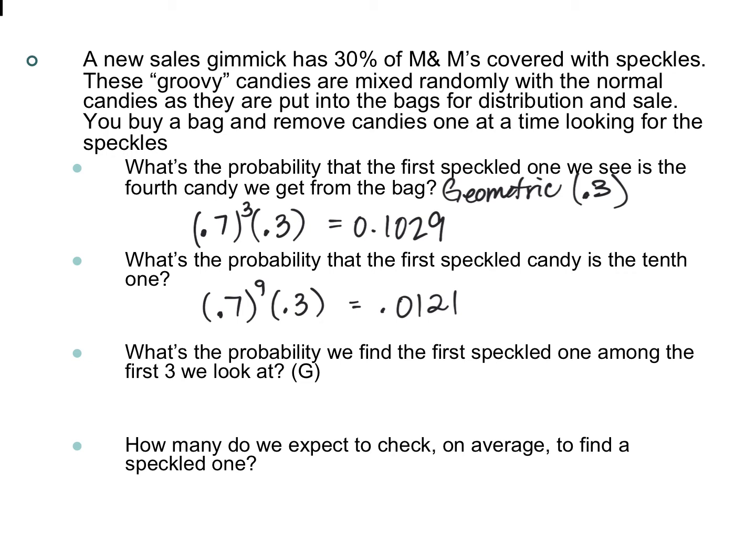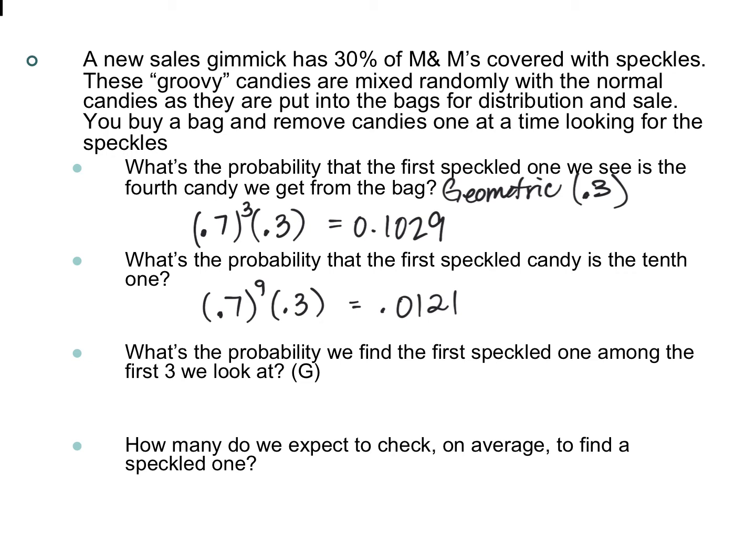So we're talking about it being ordered. With the binomial model, the order doesn't matter. I want one within the first three, right? So this is talking about the first one being either the first candy, or I find my first speckled one on the second one, or I find my first speckled one on the third one.